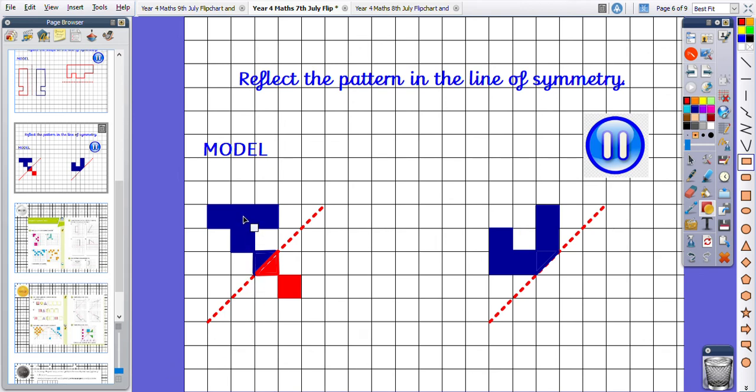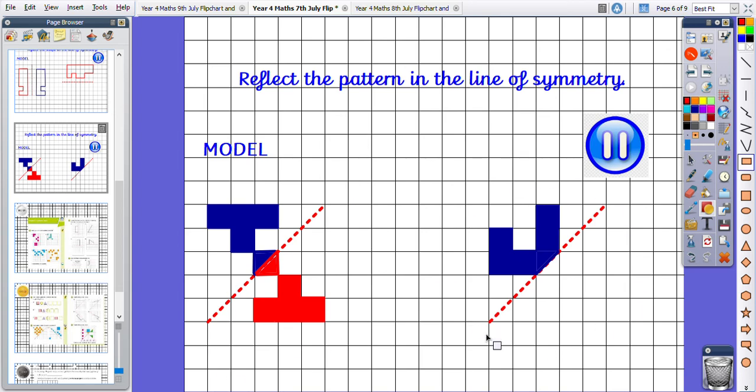Okay, then I've got another square just above it, so mine will be just below it, and I've got one either side as well. So I have reflected this image in a diagonal line of symmetry.